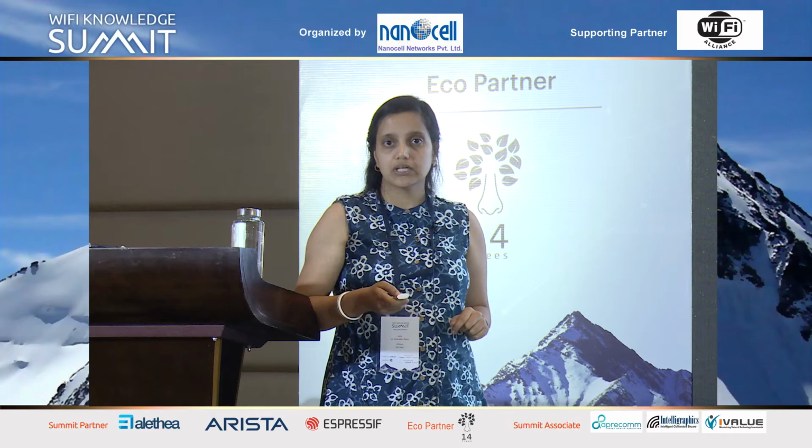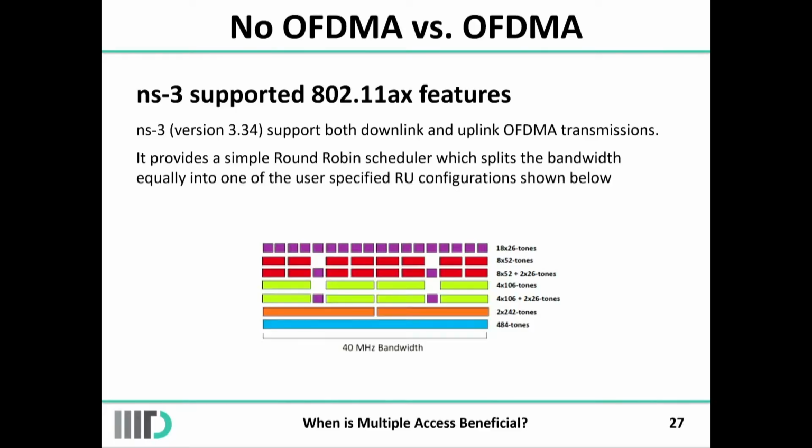For this we use a network simulator platform, NS3, and the specific version we have used is NS3.34. This NS3 version supports a very simple scheduler, which is a round robin scheduler. Every time it breaks the bandwidth into equal parts and then assigns them to the clients.